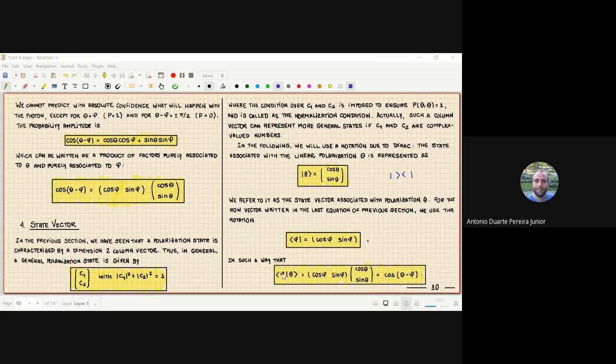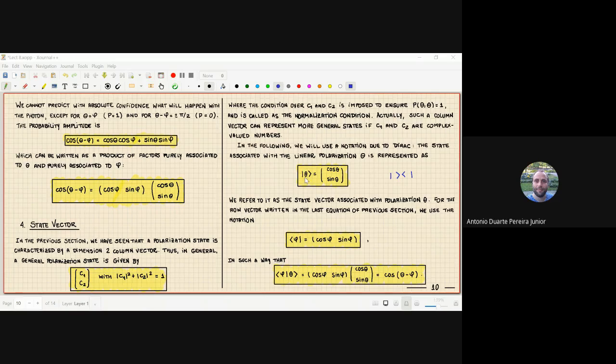Then phi and theta, they represent the state vectors of polarization, but as I said, they have different meanings in the sense that in this expression they appear as vectors, but one is a column vector and the other is a row vector.